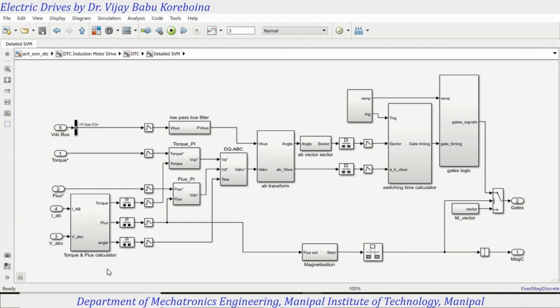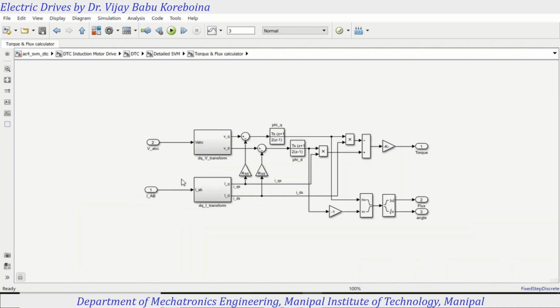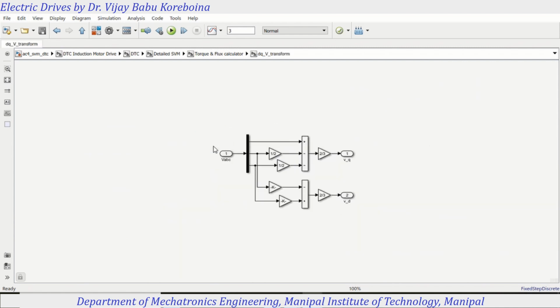In DTC, as I told you, the first thing is estimating flux as well as torque by transferring the three-phase system to a two-phase rotating frame. That we can see here. Now VABC is transferred to VD, VQ, and IABC is transferred to ID, IQ. So this is the transformation you can find inside.